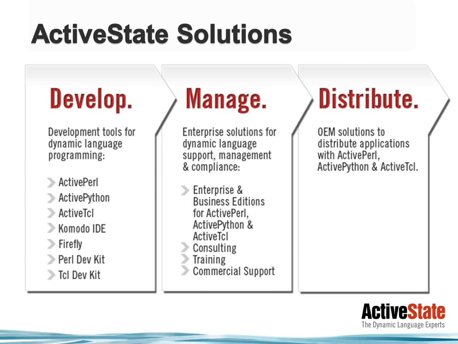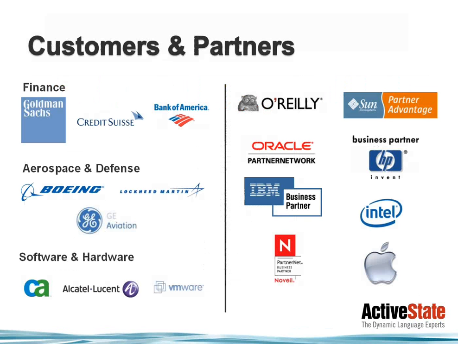And who do we do this for? If we go to the next slide, we have significant penetration into the finance and banking sector, such as Goldman Sachs, Credit Suisse, Bank of America. We're deep into aerospace and defense, Boeing, Lockheed Martin, GE Aviation, and then not surprisingly, we have many, many relationships in the software, hardware space or the high-tech space, whether it's CA or VMware, just to mention a few.